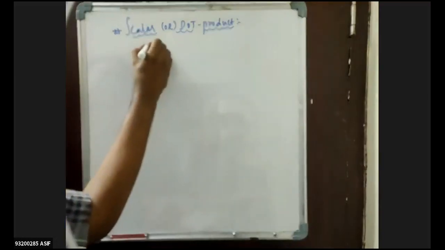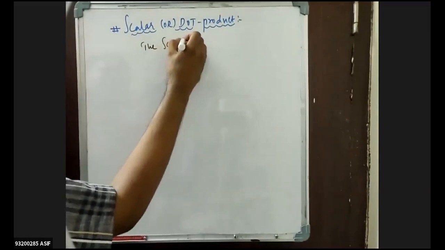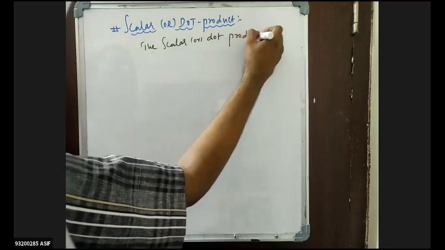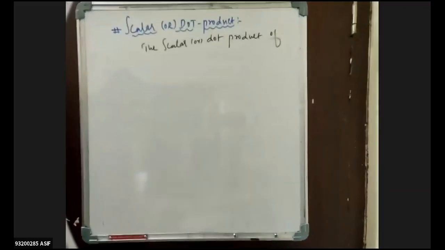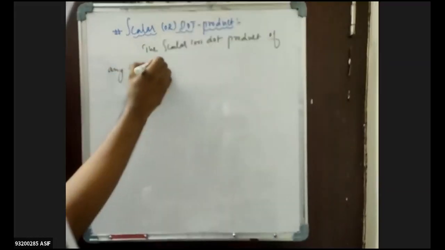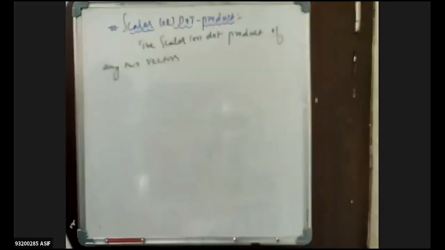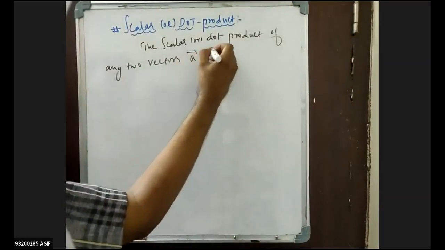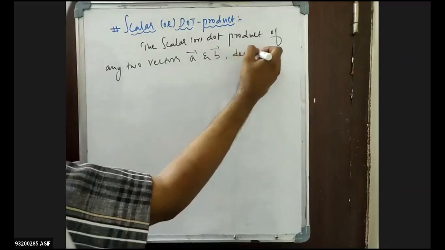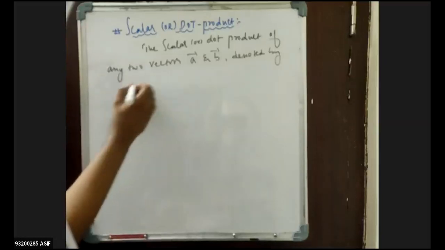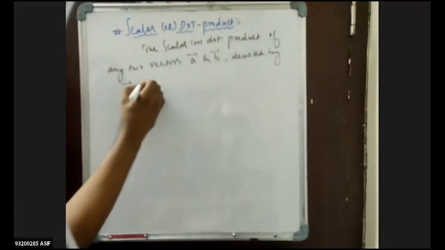The scalar or dot product of any two vectors, let's say A bar and B bar, is denoted by A bar dot B bar.